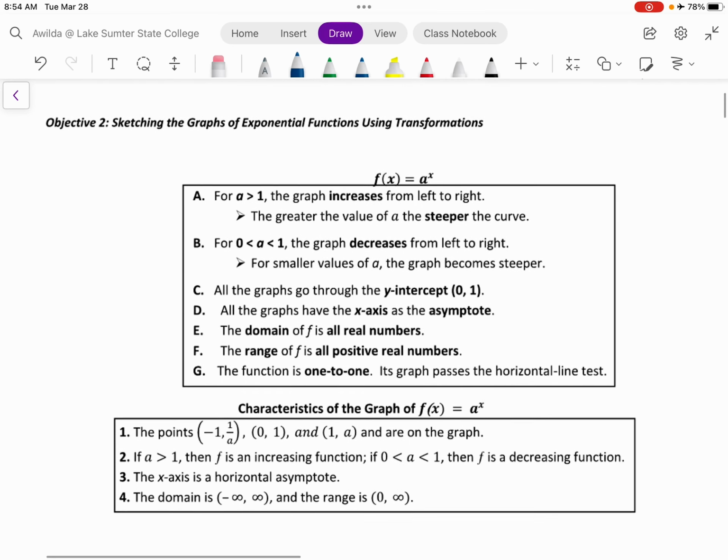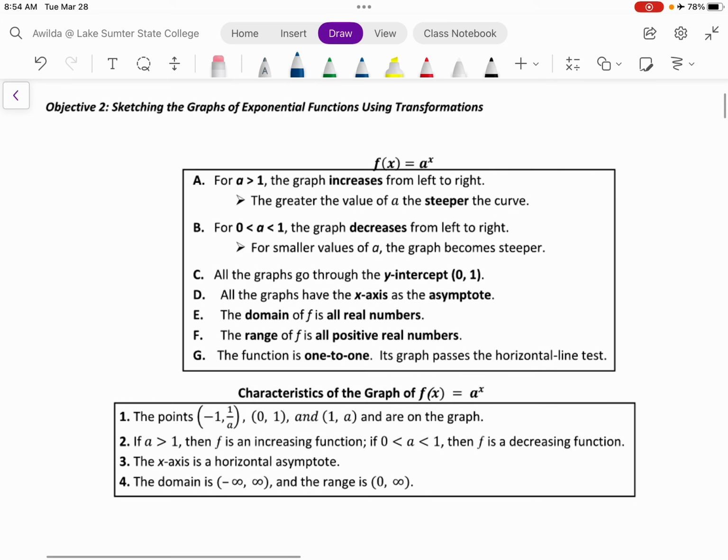Now let's explore exponential functions and their graphs. For an exponential function, f of x is equal to a to the x power, we will have the following properties. When a, the base, is greater than 1, the graph will increase from left to right. It'll increase throughout its entire domain. The greater the value of a, the steeper the curve, the more rapidly the y-coordinates are going to grow.